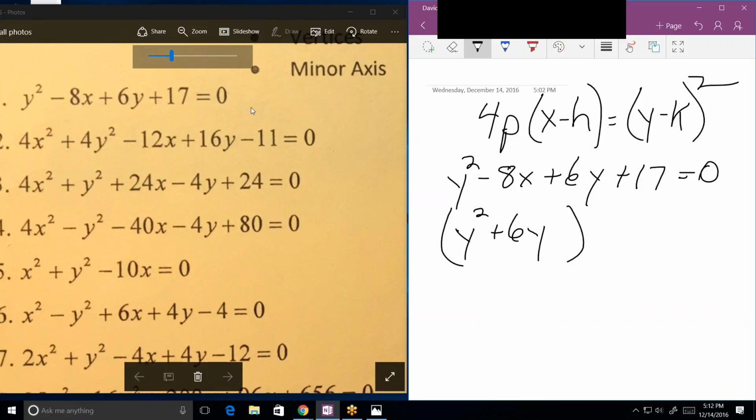And on the other side, let me think for a moment here. We'll leave the 17 there for a moment. And we'll put the 8x, oh no, minus 17.